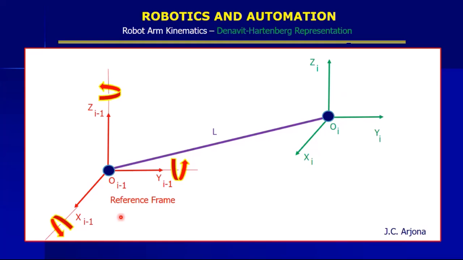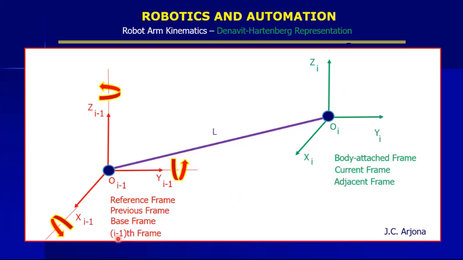And this point we call origin I. And this is also called the body attached frame for this coordinate. And the reference frame is also known as the previous frame. The body attached frame is also known as the current frame, base frame, and this frame is also known as the adjacent frame.